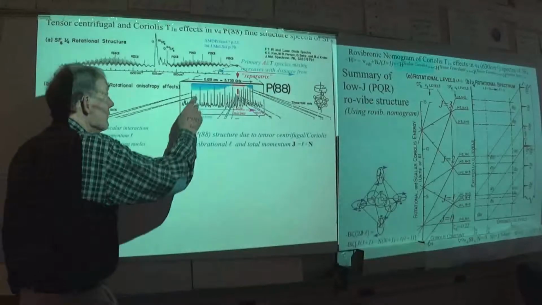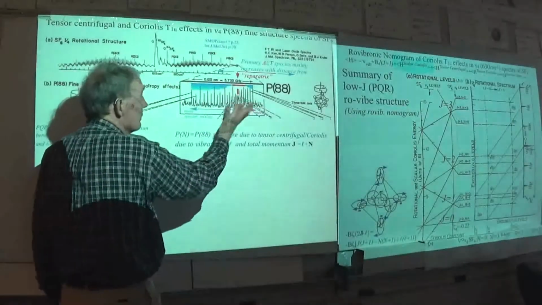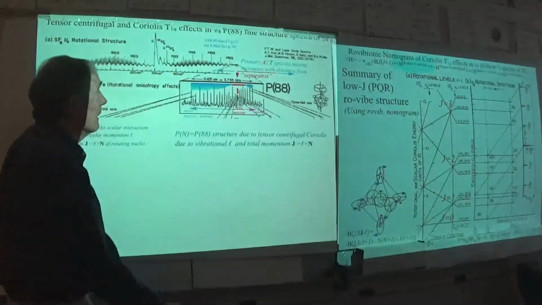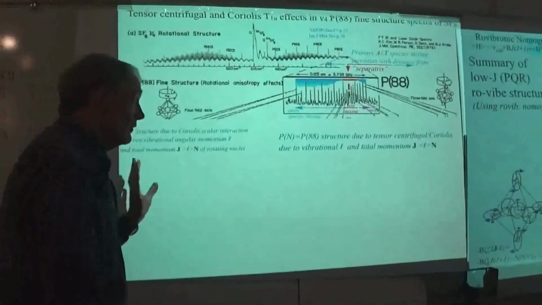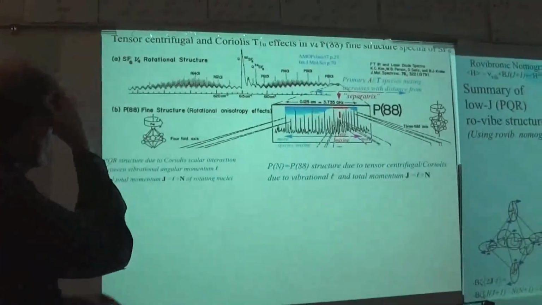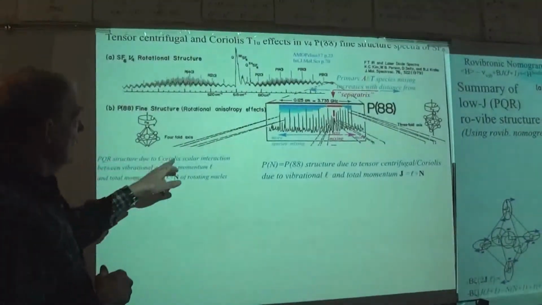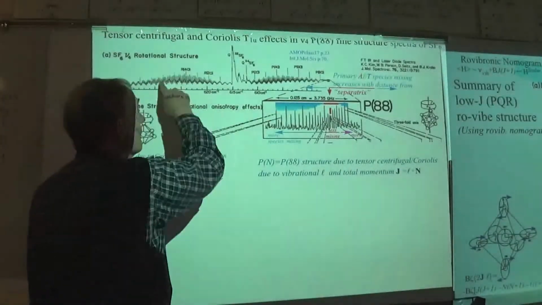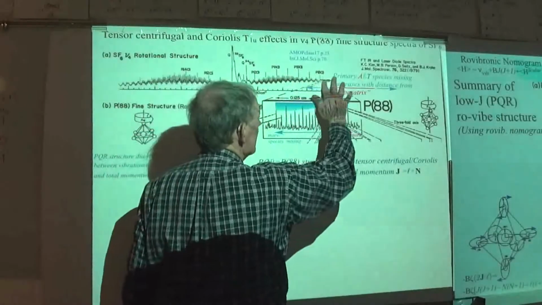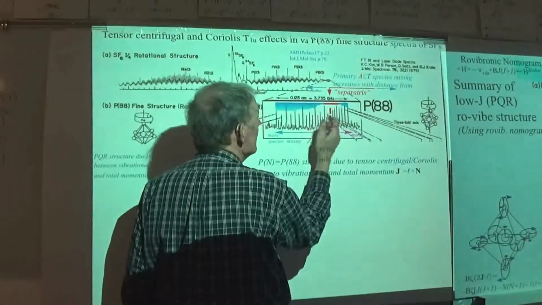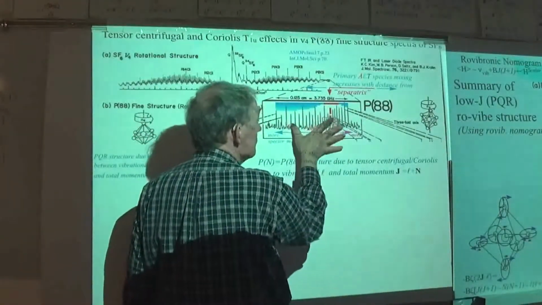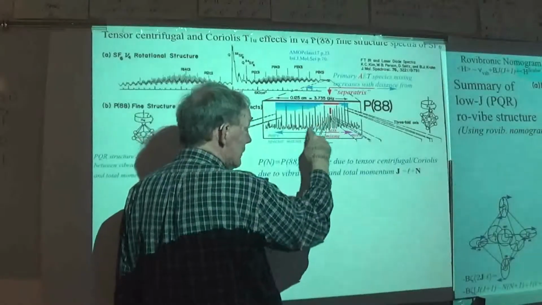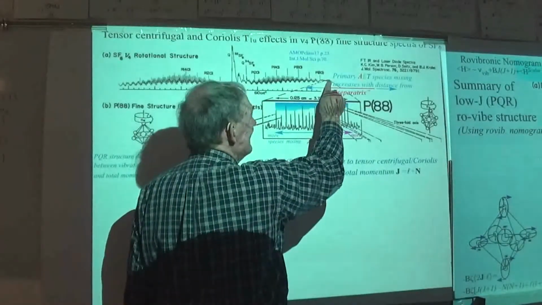Now here are two places you could link up where this giant diagram resides, and we've seen this already. We've got a P, Q and R structure due to the Coriolis scalar interaction right here. There's the P's, and they're the ones that have the first example that was really clear of the fine structure, hiding inside the 88th bump.